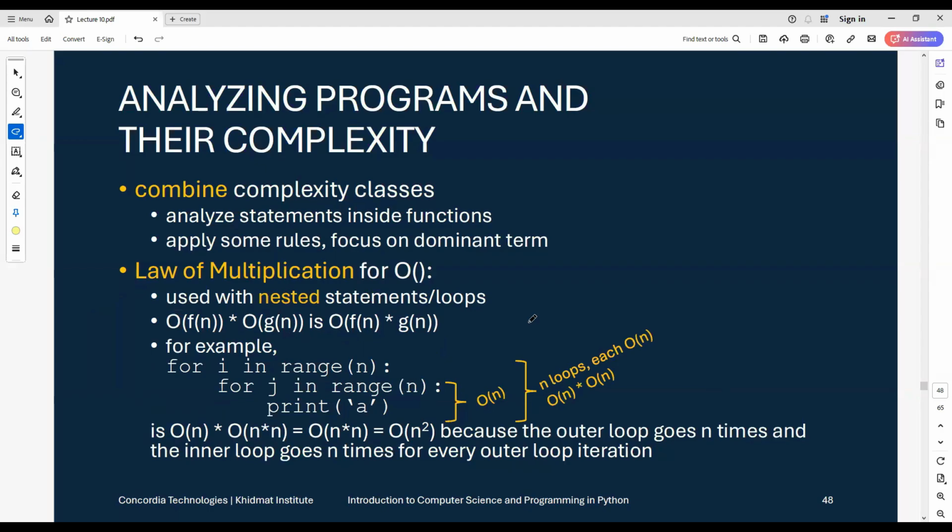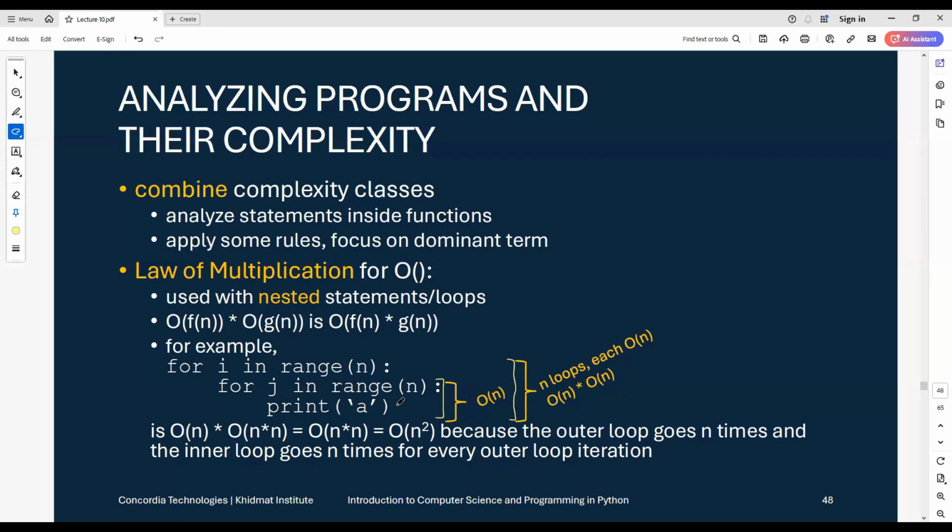Here is another example. So we have a function that has two for loops. One of them is nested inside the other one. So now this inner for loop would run n times, whereas the outer for loop would also run n times, but for each of those executions, this for loop will run another n times.